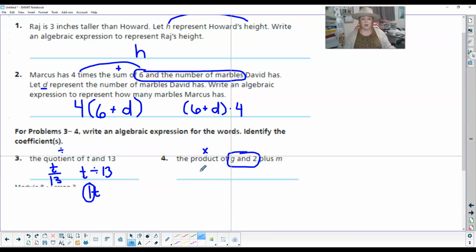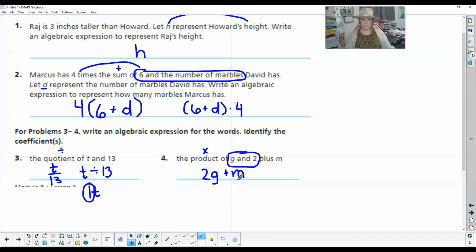So we want the product of 2 and G. So 2 groups of G. We're going to write that as 2G plus M. Now this one I could put parentheses around 2 times G, but I don't need to because I'd have to multiply first before I add either way.